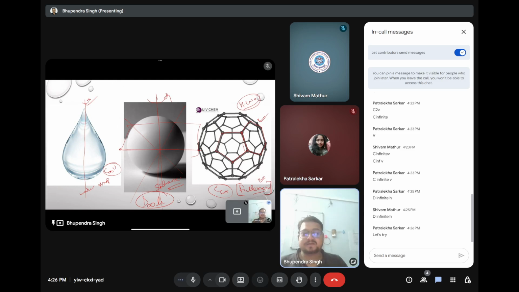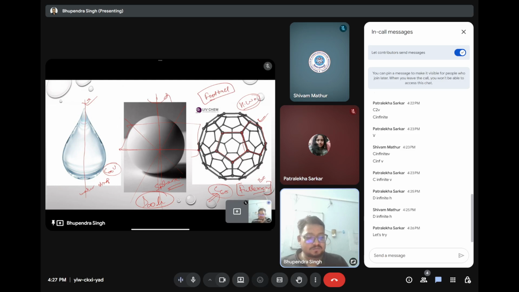If you have not seen this molecule before, then it's too difficult. Or imagine the football also. If you have not seen it, then it's difficult.